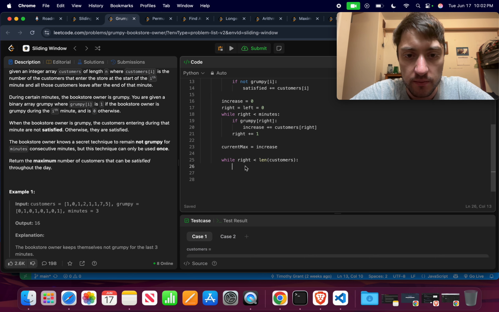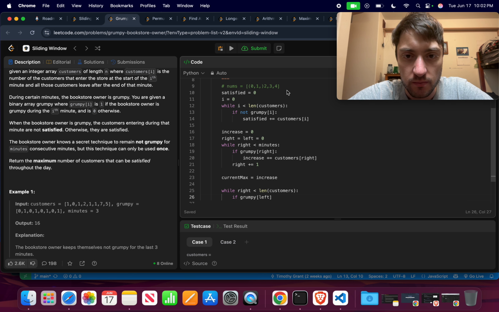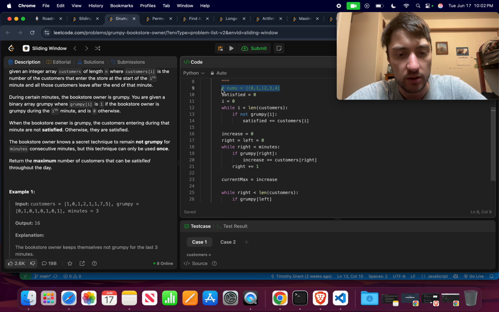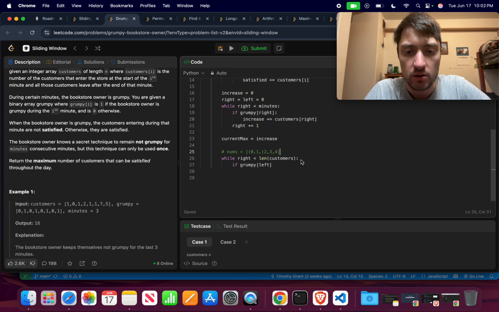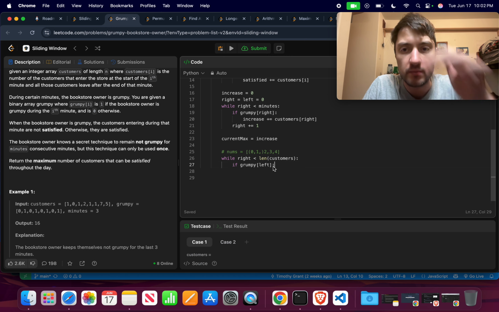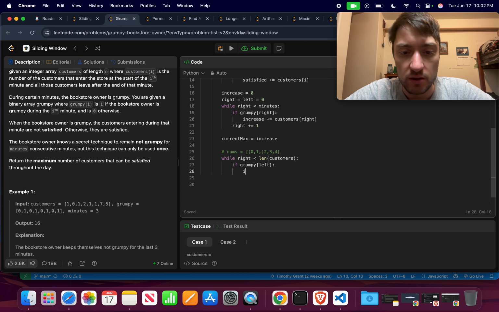So now if grumpy of left, so I'm looking at the left, I'm just going to move this down here. Okay, so now if grumpy of left, if this was a 1, I want to subtract that from my increase.